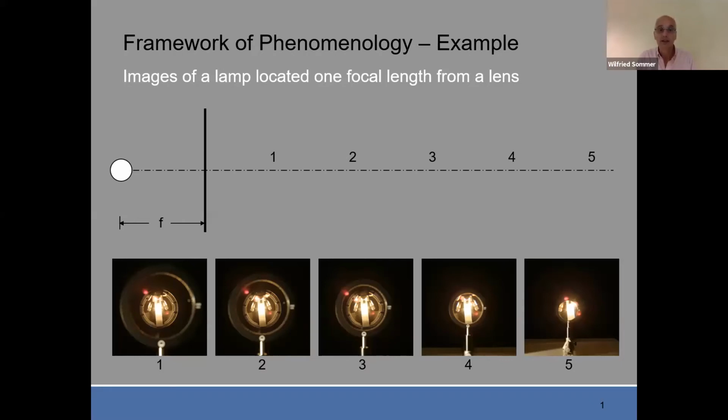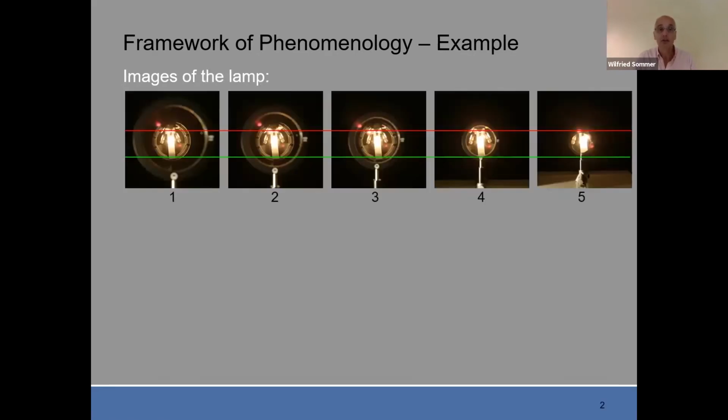You see that the extension of the lens in your visual field will decrease. But what about the lamp? If I introduce lines of reference, you will see that the dimensions of the lamp in the visual field do not change, but the dimensions of the lens, of course, do.